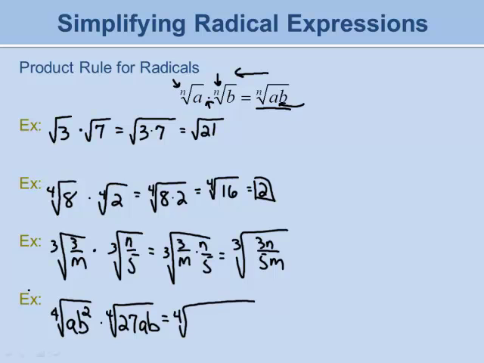That would be ab squared times 27ab, and now use rules of exponents to combine all that. That gives us the fourth root of 27a squared b cubed.